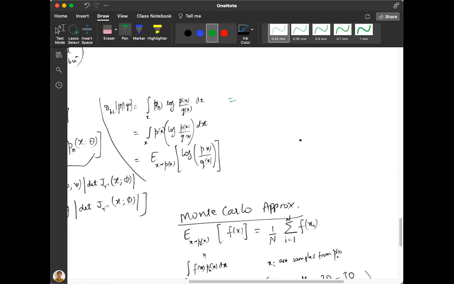Let's say X is equal to T of U. This is the transformation I do here. So I convert all X into U. This becomes P of U, integration, and log of P of U, which means T of U, actually.